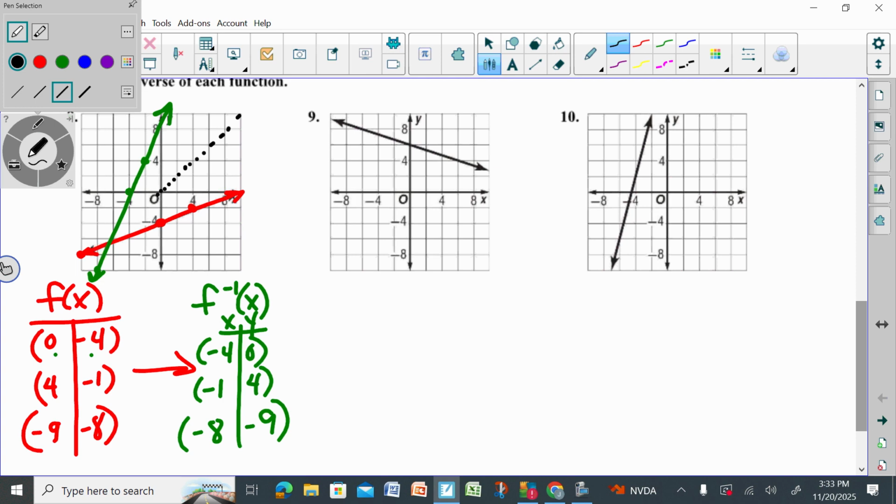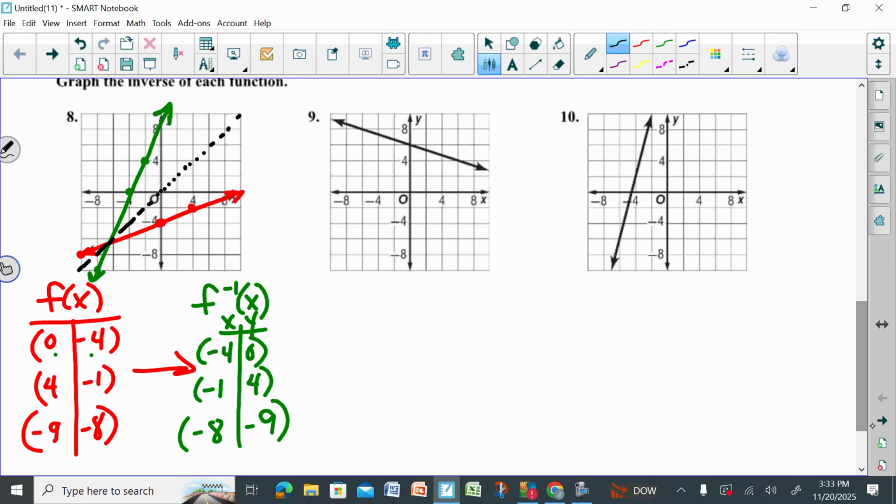This should cut right through. So it's like a line of symmetry. That's an easy way to check. I put my little symmetrical line in there, that 45 degree line from one corner to the other. If I folded on that black dotted line, all the parts of red would fold onto green. So it's a nice, easy way to check your answer.